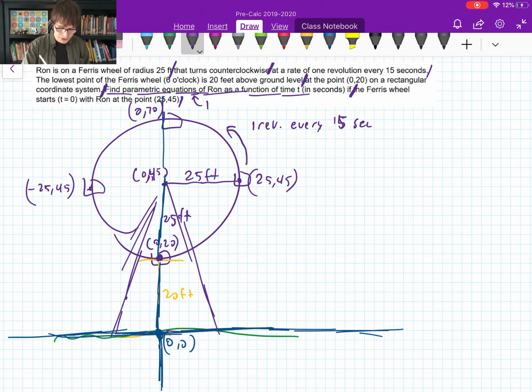It's a good thing we mentioned that before. So this is the starting point, and that is also t equals 0. We want to start there, and we're going counterclockwise. We need to make an equation that represents this movement.